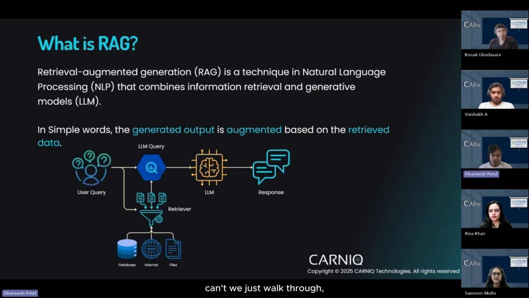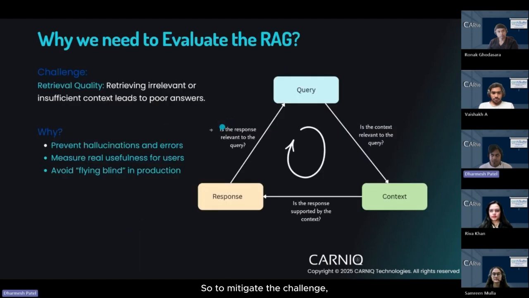Now, can't we just walk away after preparing the RAG application and just let it do the job RAG requires? To mitigate the challenge: the biggest challenge in RAG is the retrieval quality, which is basically that retrieving irrelevant or insufficient context leads to a poor answer.